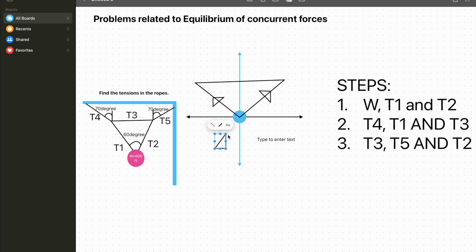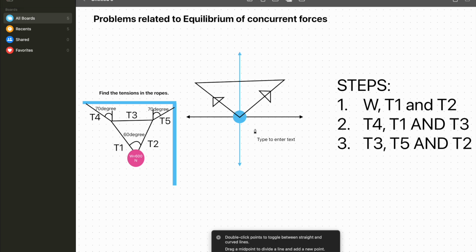Okay, let me just fix this real quick. Okay, this is our mg working downwards, right?